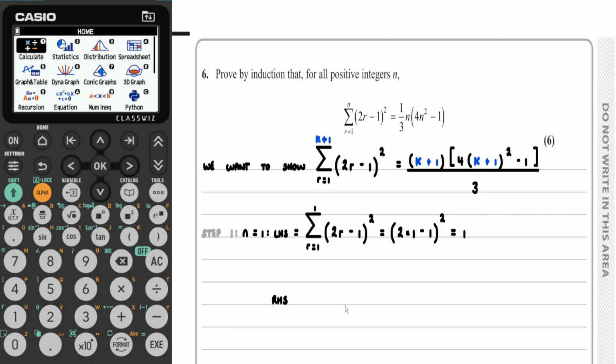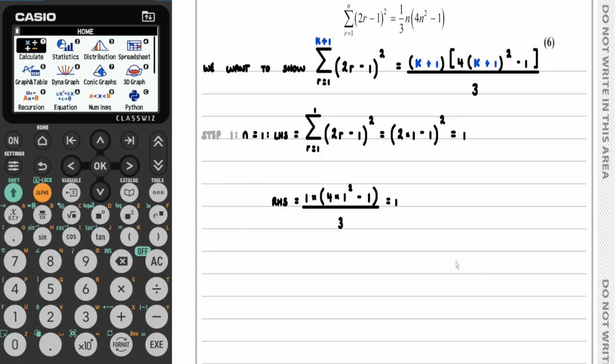And on the right hand side, we have 1 times (4 times 1 squared subtract 1) all over 3, and that's equal to 1. Because the left hand side and the right hand side are equal, the result is true for n equals 1. Our second step is to assume that this result is true for n equals k. So we replace the n with k.